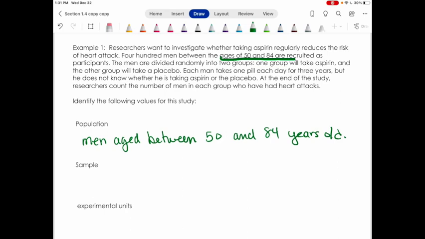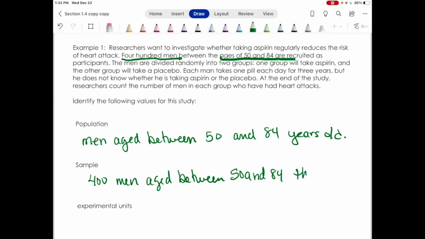Okay, for the sample, that's from the population, the people that we collect the data from. So in this case, it's those 400 men that we're collecting the data from. So I'm going to put down for the sample, it's going to be the 400 men aged between 50 and 84 that participated.